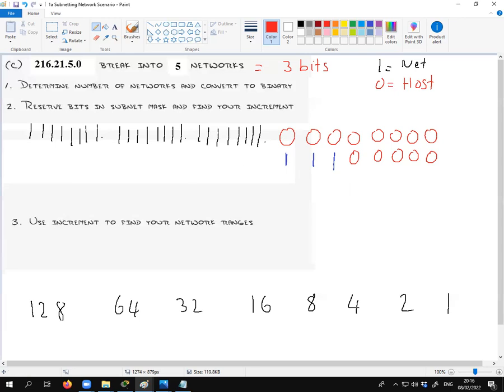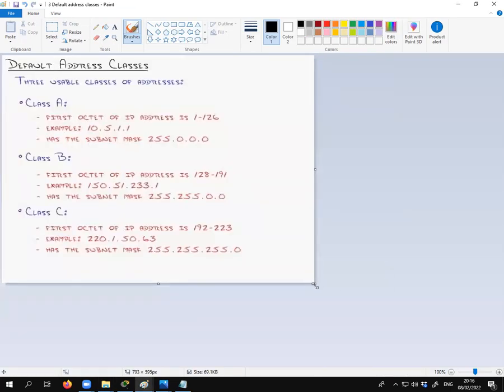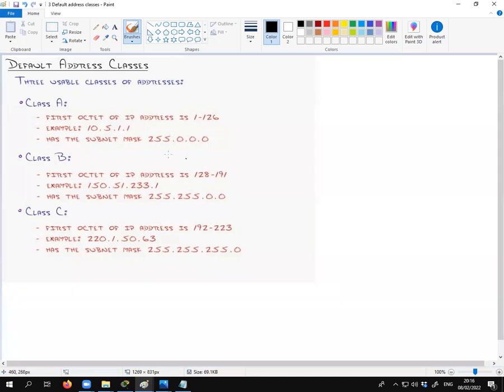Another thing I was going to say was, if we go back here and look at the default subnet mask up here, 255.0.0.0, I'm going to break that into binary for a second. What's 255.0.0.0 in binary? 1, 2, 3, 4, 5, 6, 7, 8, dot, 0, 0, 0, 0, 0, 0, 0, 0, dot, 0, 0, 0, 0, 0, 0, 0, 0, dot, 0, 0, 0, 0, 0, 0, 0, 0.